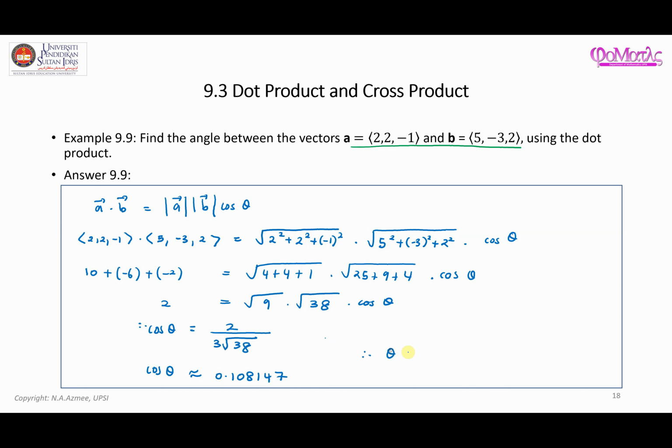So theta is the inverse cosine of 0.108147, and you will see that theta is approximately 83.79 degrees. That's the angle between A and B.